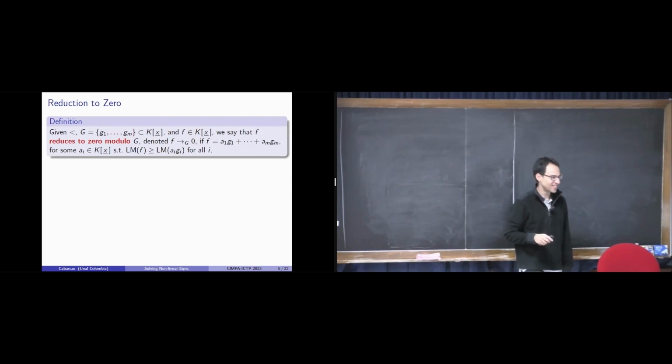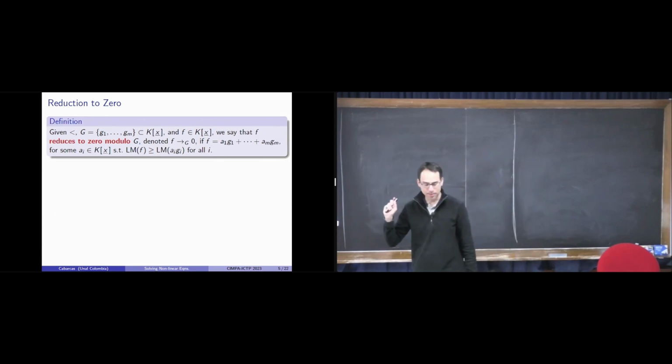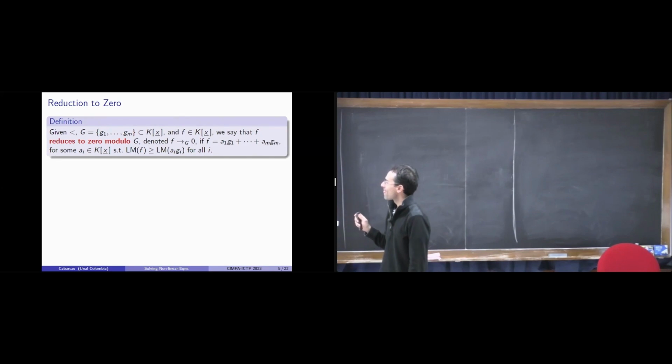This is almost the same as we had before. This is a definition. Given a monomial order and a set of polynomials G, and a polynomial f in the polynomial ring, we say that f reduces to 0 modulo G, denoted by f with an arrow to 0 with a small g, if f can be written as a combination where the a_i are in the ring, and such that the leading monomial of f is larger than or equal to the leading monomials of the a_i g_i.